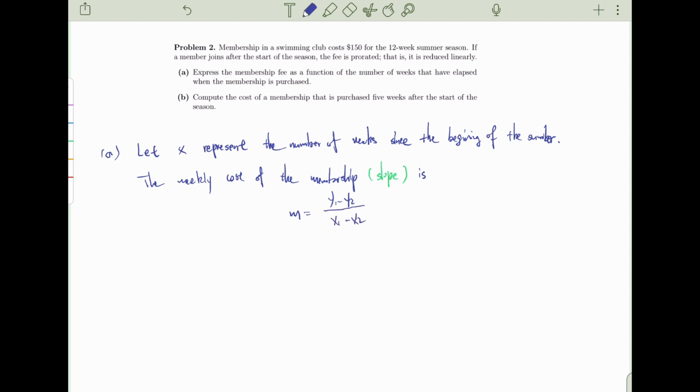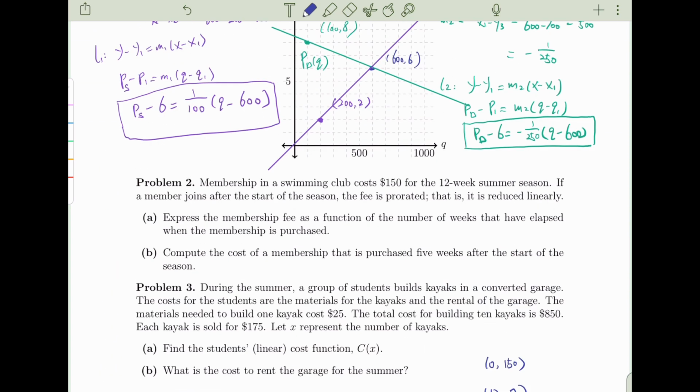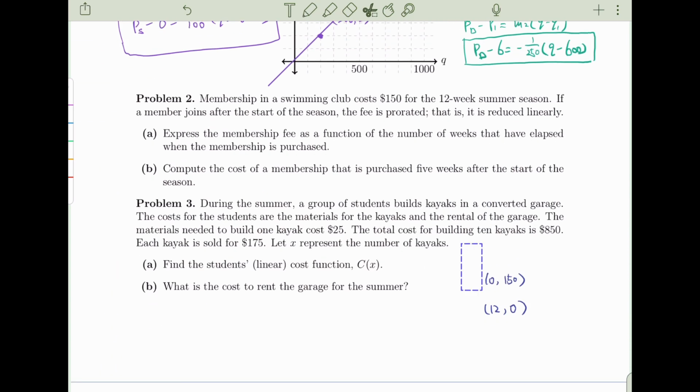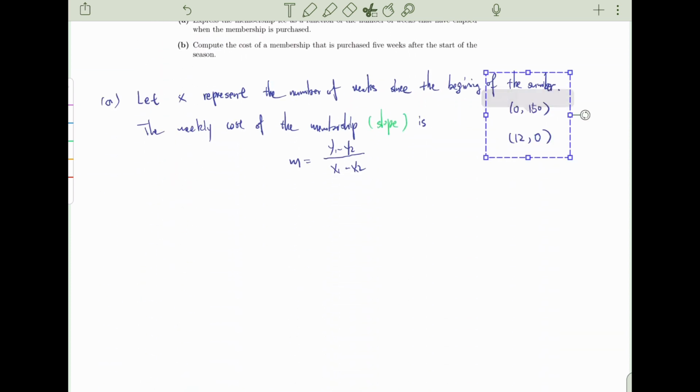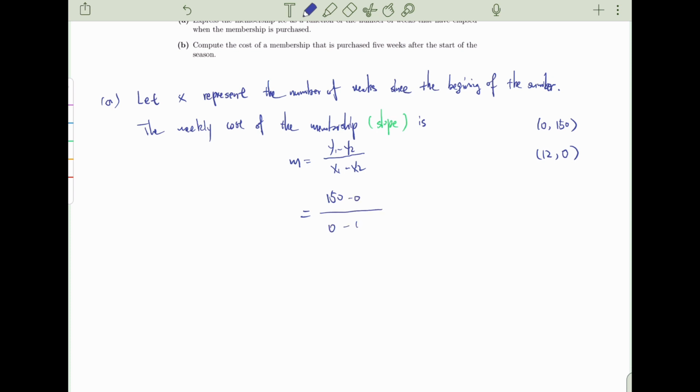Remember the points that we have were 0 here. So it's going to be 150 minus 0 divided by 0 minus 12, which is going to be negative 12.5, right?